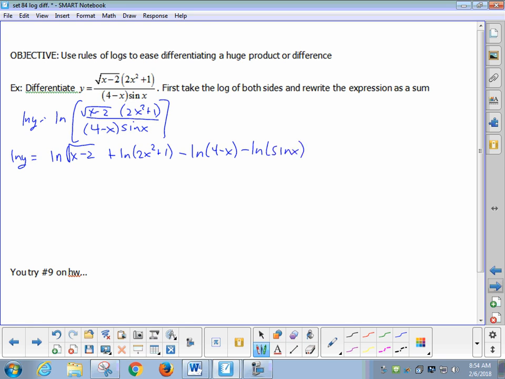You follow? Furthermore, any root or exponent could be brought down in front. So for example, I could rewrite this as 1/2 log of plain old x minus 2. That was the only one where there was a root applicable or a power applicable.